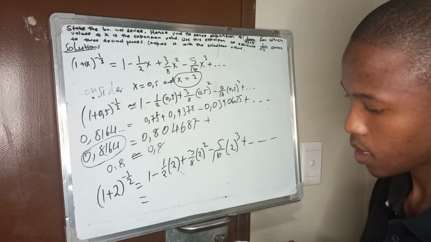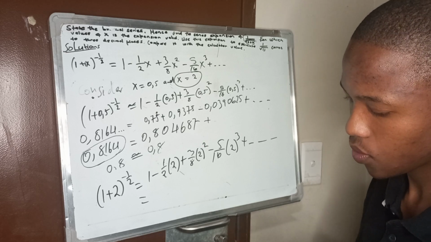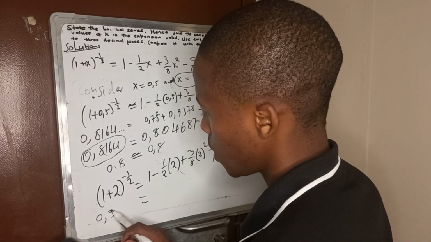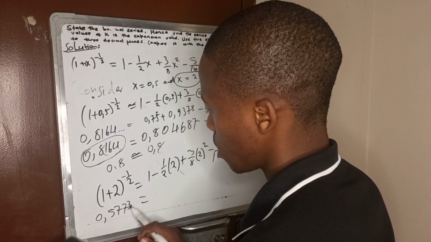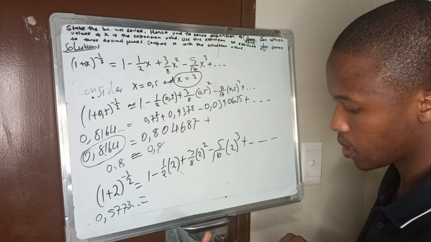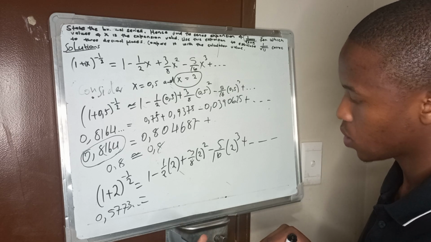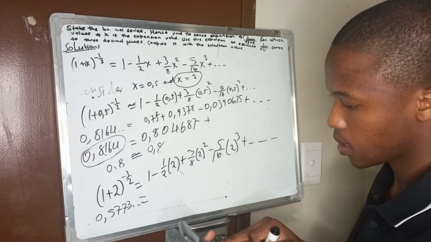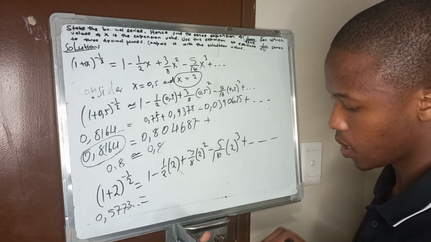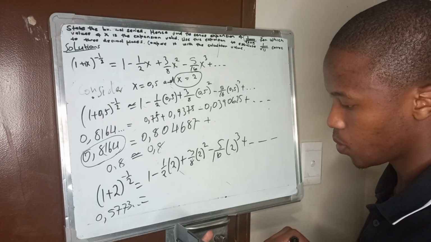I'll start on the left hand side. (1 plus 2) raised to -1/2. Then I get 0.5773... Okay, then now let's come to this side. 1 minus 1/2 into 2 plus 3/8 into 2 squared minus 5/16 into 2 cubed.